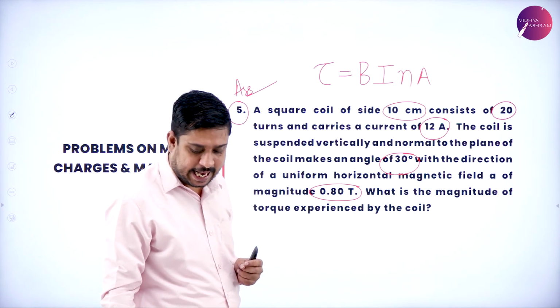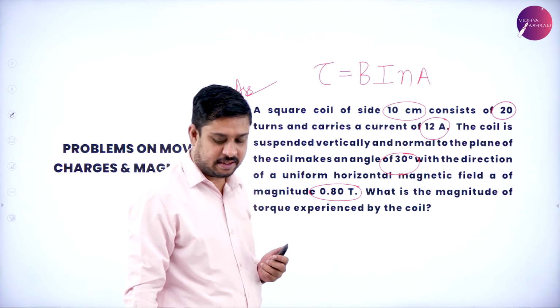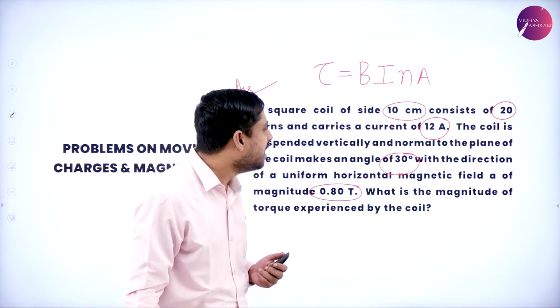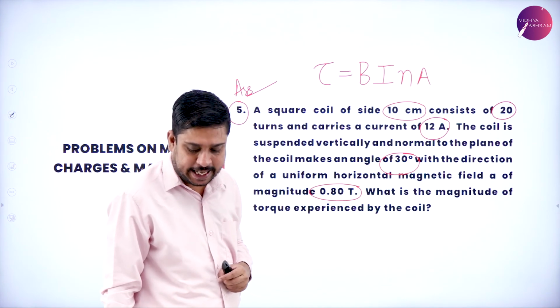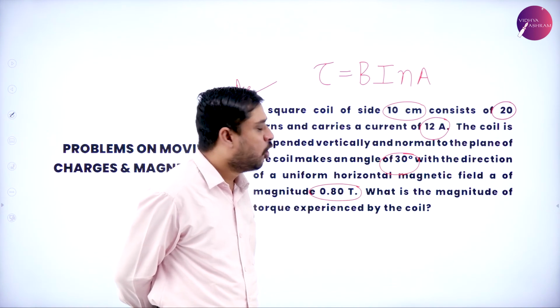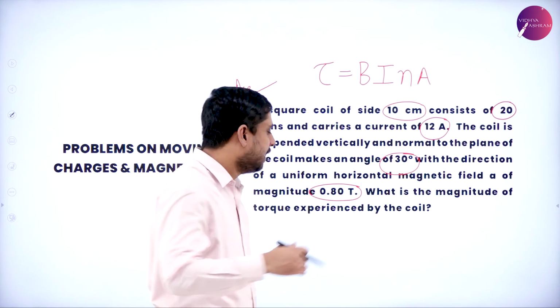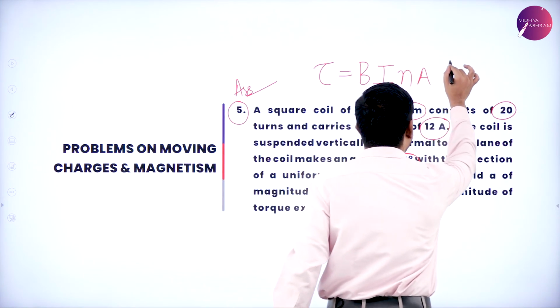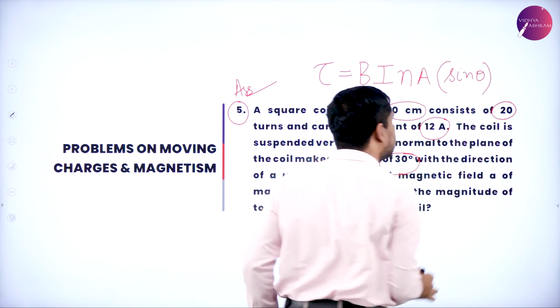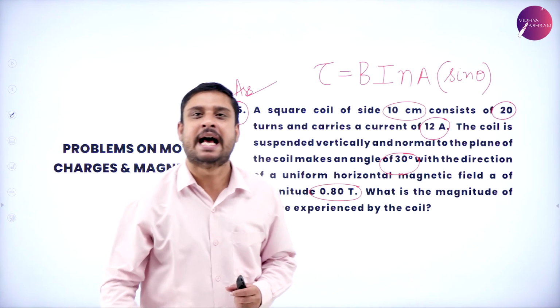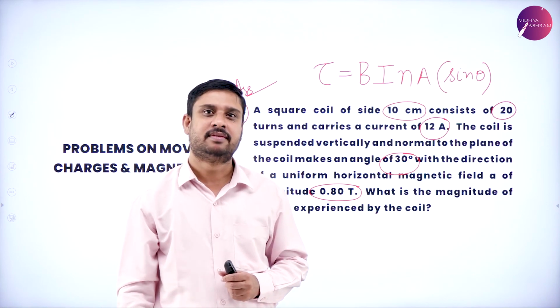Square area can be calculated. So from this, somewhere tricky, theta has to be added. So what will be now? Yes, there is a component which is sin theta. Substitute, you will arrive at the answer.